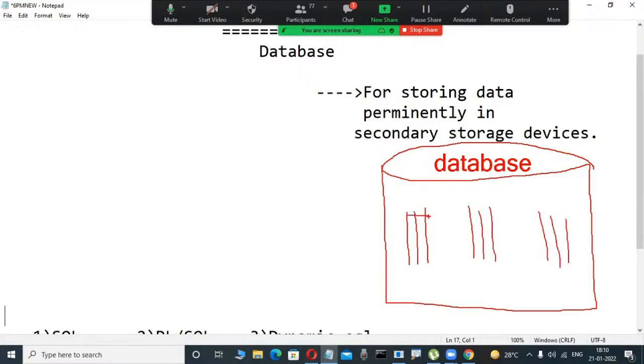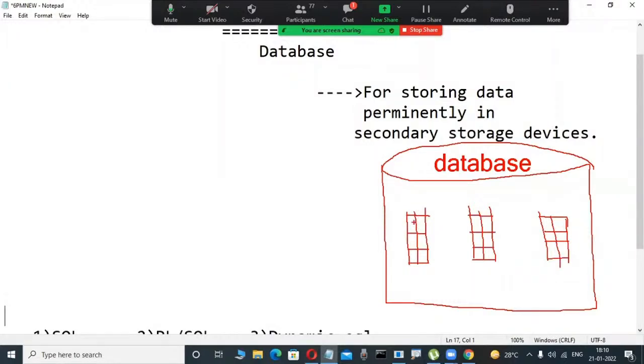Actually, E. F. Codd introduced this relational data model concept, and based on that, these types of databases are implemented in different companies. E. F. Codd is a mathematician working at IBM. That's why he decided to represent the data in the format of a matrix.